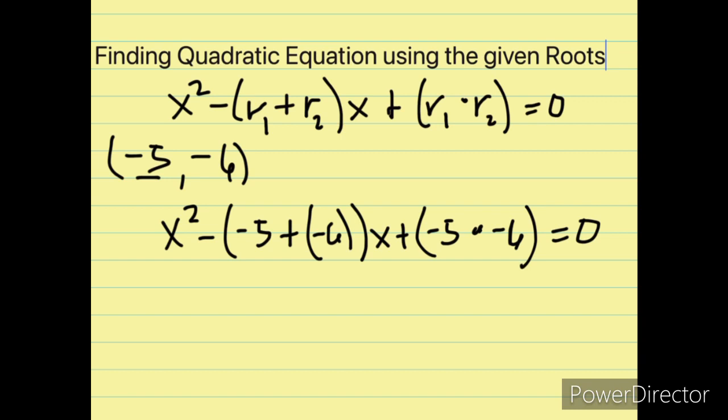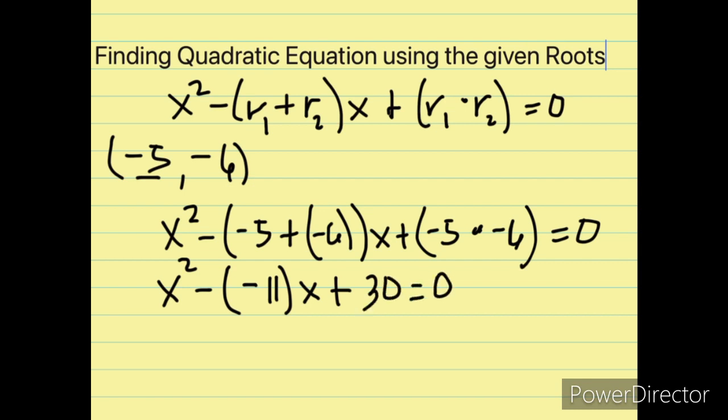Now, simplify. Copy the x squared or the quadratic term. The minus sign, negative 5 plus negative 6. When you're adding both negative numbers, just simply add the numbers and copy the sign. So negative 5 plus 6 is 11. Copy the variable x plus the product of negative 5 times negative 6 is positive 30 equals 0.